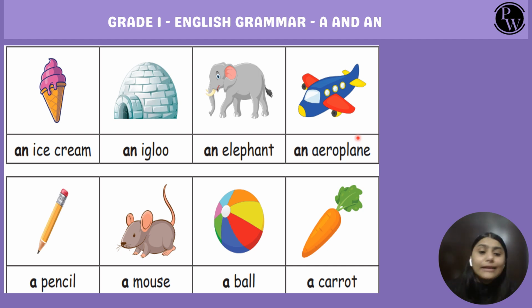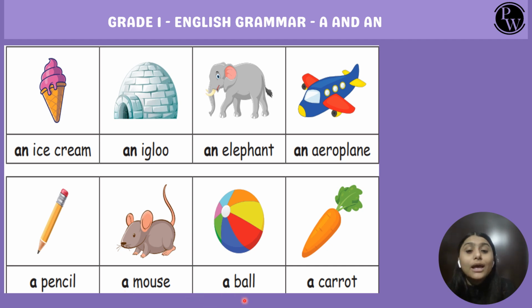We'll say an aeroplane. A pencil, not an pencil. It will be a pencil because P is a consonant and it makes a consonant sound. Same for mouse, a mouse because M is a consonant. So a mouse, it makes a consonant sound.